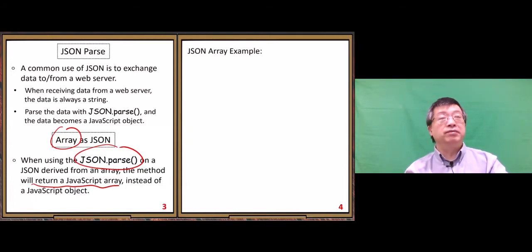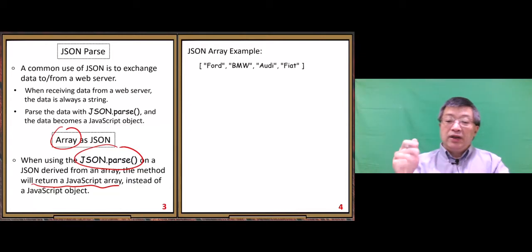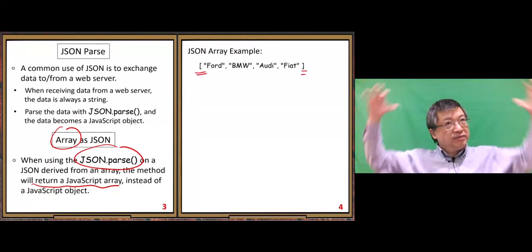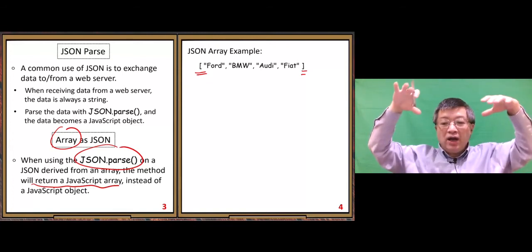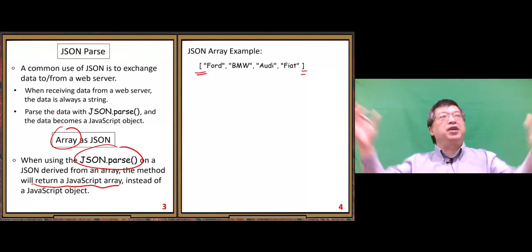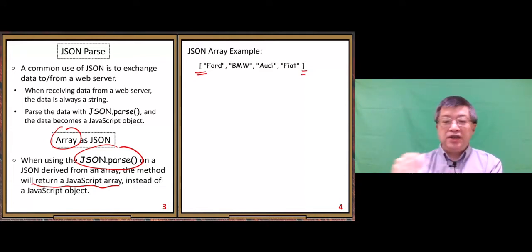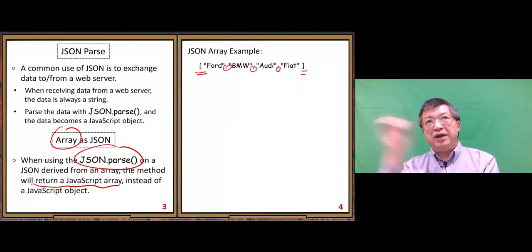Using the outside pair of square brackets, that's an array. Inside, we use commas to separate element values.